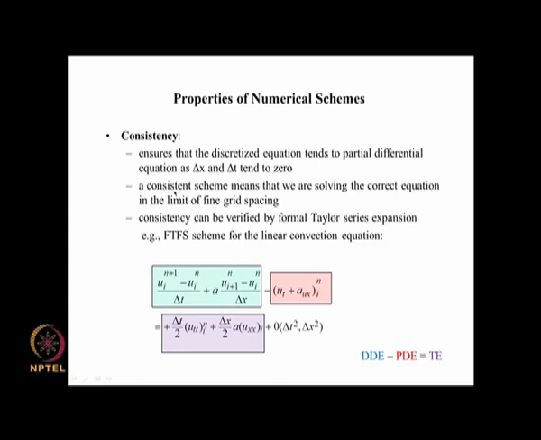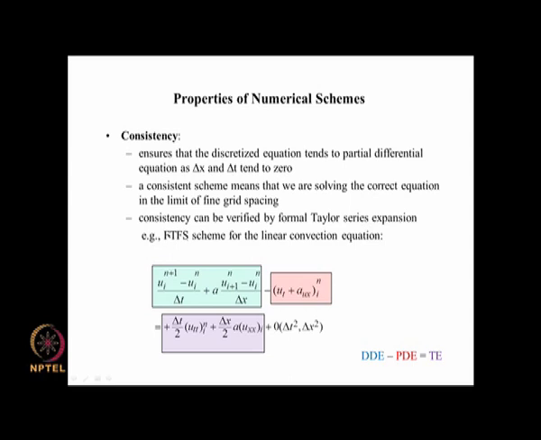Okay. So, a consistent scheme means that we are solving the correct equation in the limit of very fine grid spacing in both delta x and delta t, and delta y, delta z as applicable. Okay. So, this condition of consistency can be verified by formal Taylor series expansion.